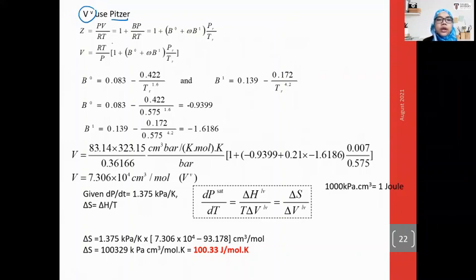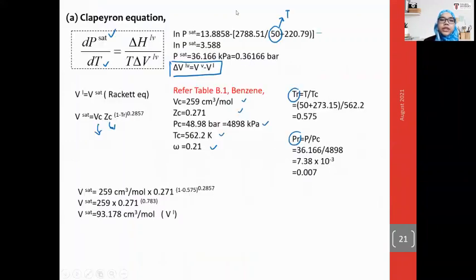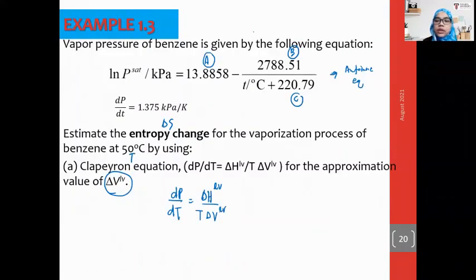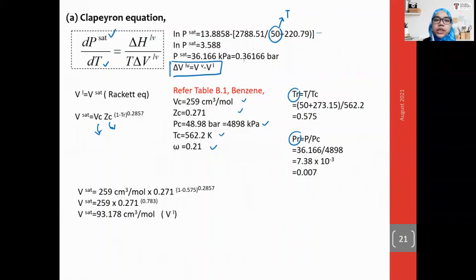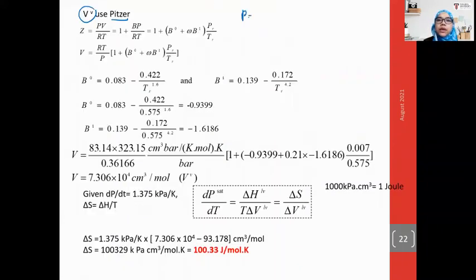Because from the calculation, the pressure is 0.36 bar, which is lower than 15 bar, we can use the virial equation. So no need to refer to Lee-Kesler. If we use Lee-Kesler, we may need to refer to the reference table.